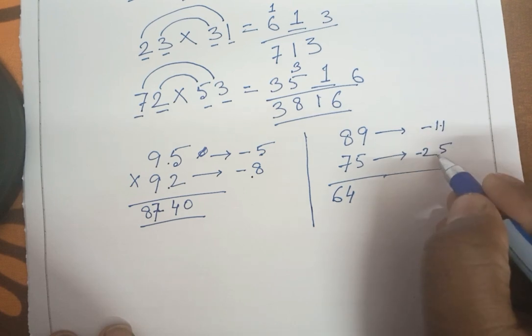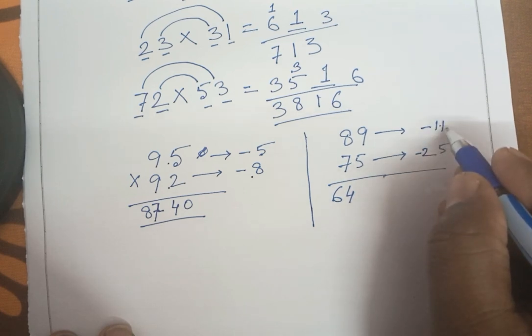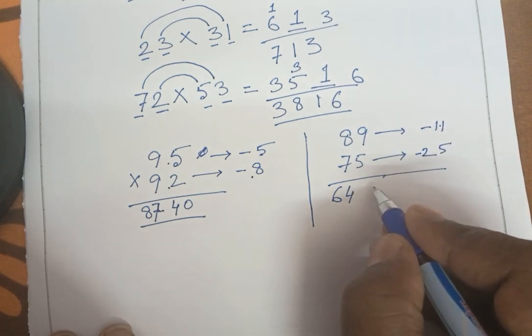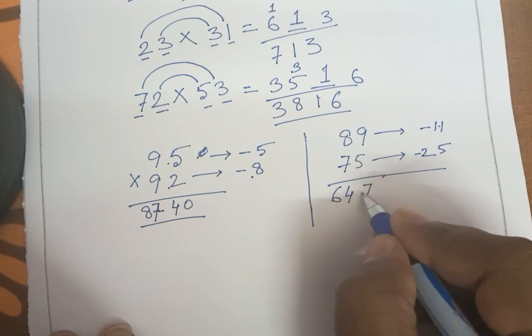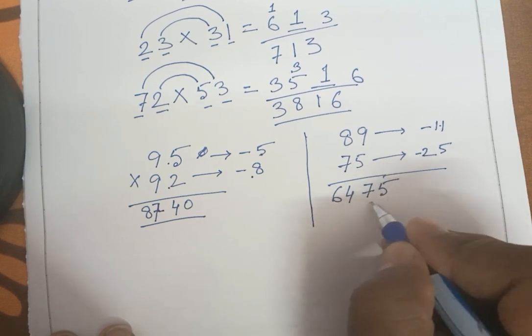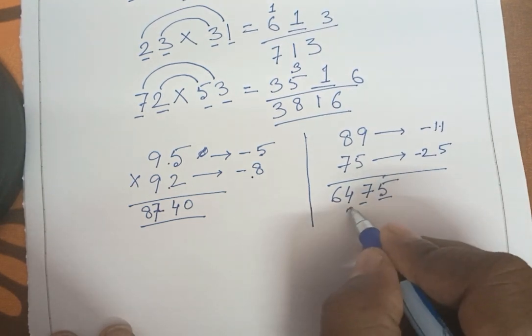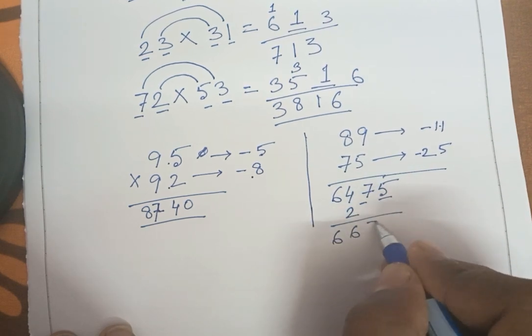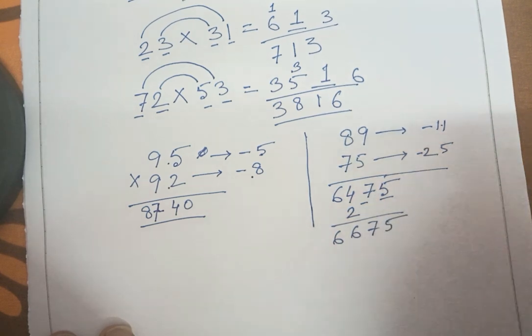Now multiply these two, 25 into 11. Now if you multiply 25 with 10, then it will be 250 plus 25, that is 275. So write 75 here. Only 2 digits you have to write, and here it is 2. So the answer will be 6, 6, 7, 5.